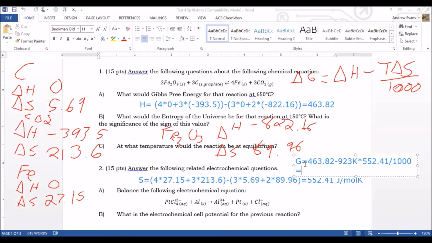It's a minus, isn't it? Hopefully. Oh, okay, I see. So we get negative 46.05. So yes, at 650 degrees Celsius, that is a temperature that will allow iron ore to be converted back into steel.